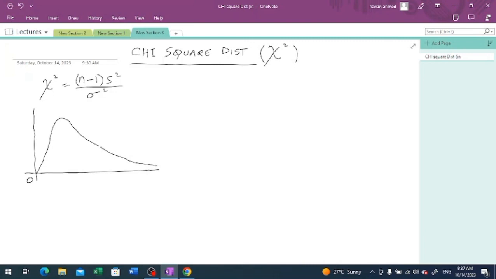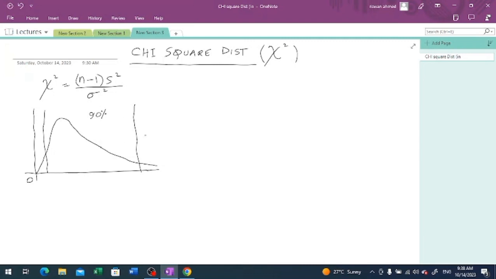And the norm that we follow: let's consider this borderline and this borderline. These two borderlines may be representing, let's suppose, 90% area under the curve.